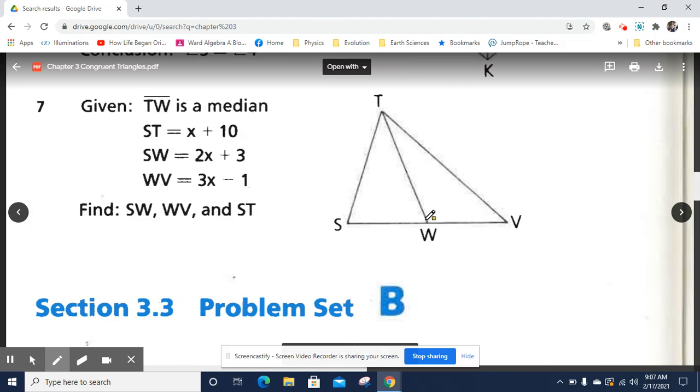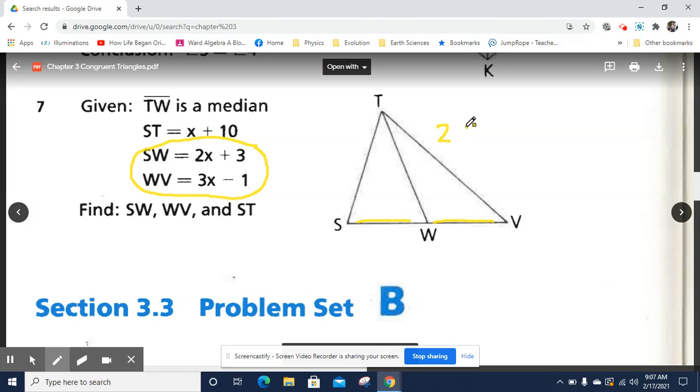If TW is a median, then it is dividing this side into two congruent parts. So this and this are the same, which means that SW and WV have the same measure, which means we can actually set up an algebraic equation with those two expressions.